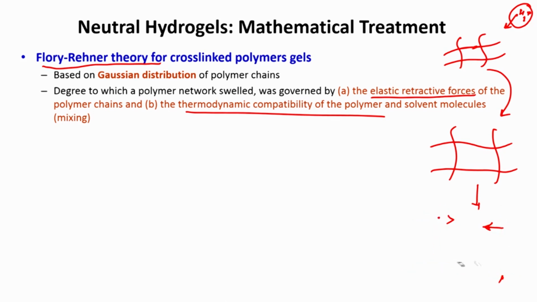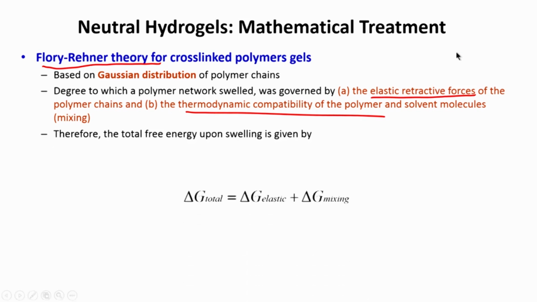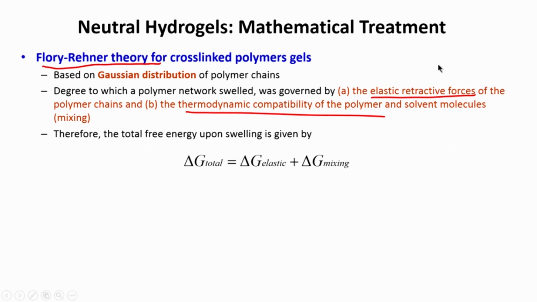Now that we have that concept clear, the total free energy upon swelling will be equal to the free energy because of the elastic forces as well as the free energy because of the mixing.